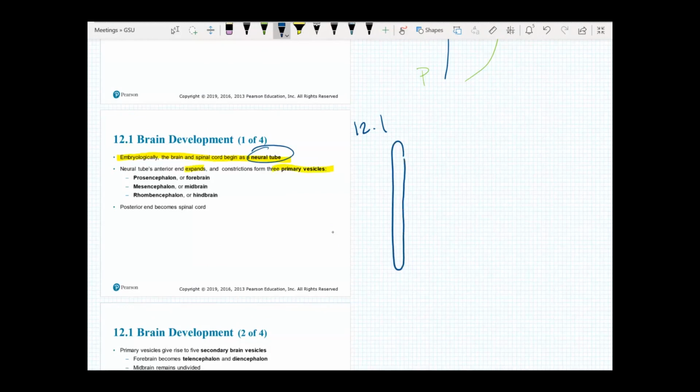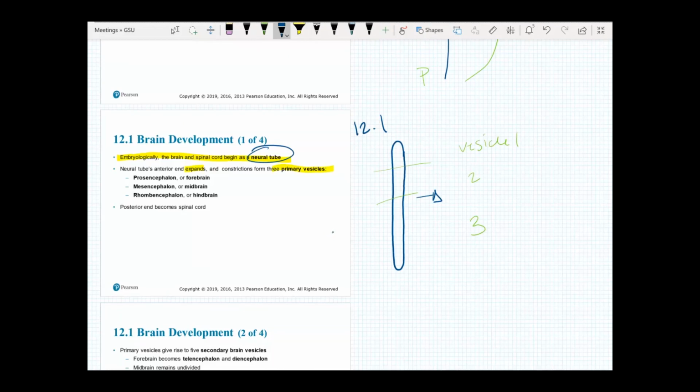So there's our neural tube, and basically what we mean by it becoming three primary vesicles is there will be a section 1, section 2, and then section 3. So you will have vesicle 1, 2, and 3. These three sections will become your prosencephalon, your mesencephalon, and your rhombencephalon.